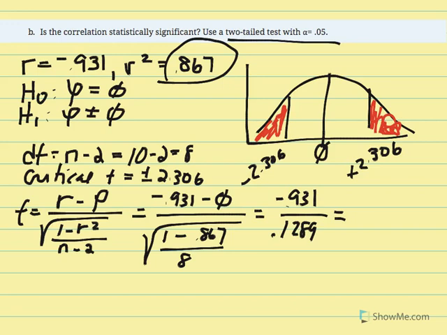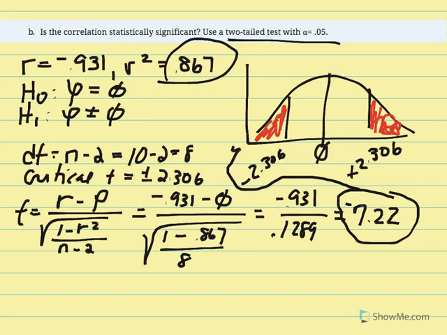And now we take negative 0.931 divided by 0.1289 in our calculators, and we should get negative 7.22. We can use that, and then we can assess where does that reside in our T distribution and in relation to the critical T. And so we would conclude that's way over here, that our T statistic is very significant in affirming that we do have a strong negative correlation between women's weight category and their income.